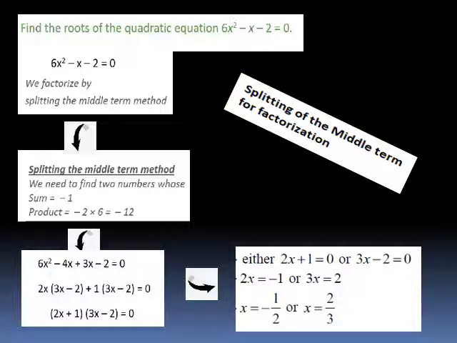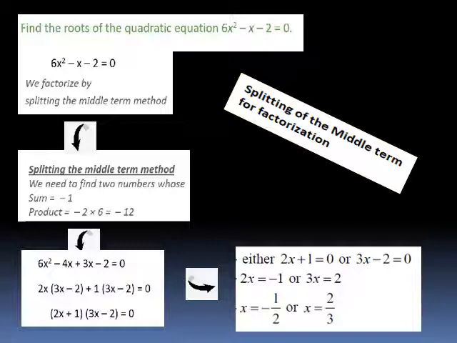So the middle term -x I have split up into -4x plus 3x. Then, taking common from the first and second terms and from the third and fourth terms, I am able to factorize the quadratic polynomial as 2x plus 1 into 3x minus 2 equals 0.